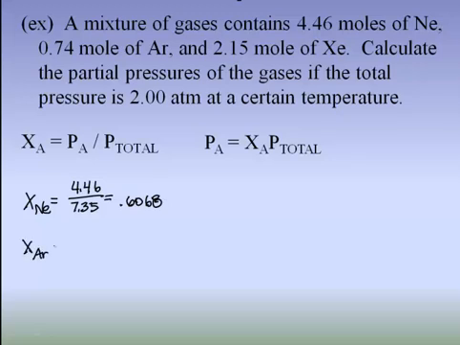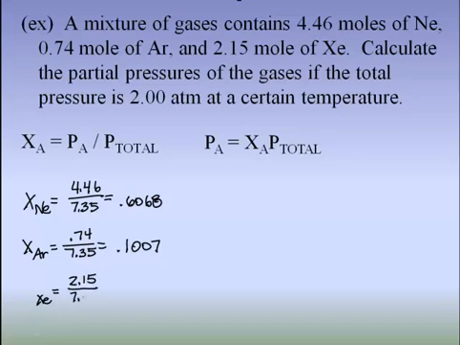Mole fraction for argon, 0.74 over the total moles, which equals 0.1007. And for xenon, we put 2.15 over the total, for a mole fraction of 0.2925.